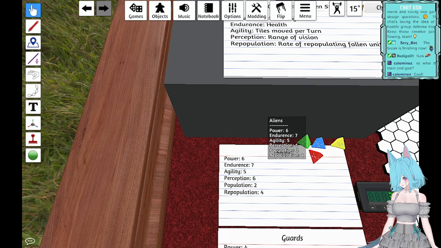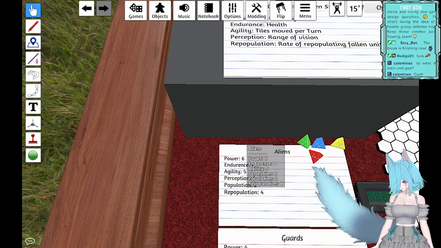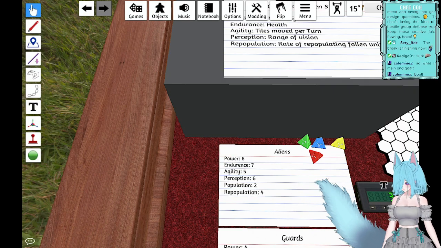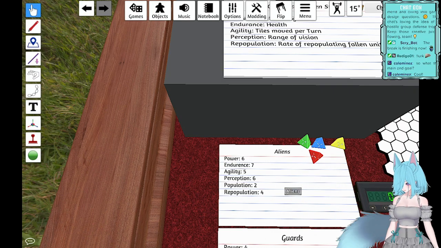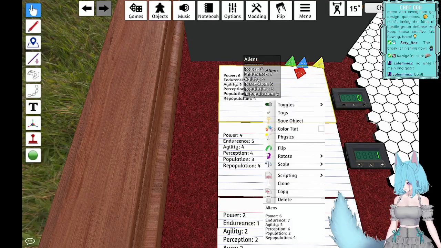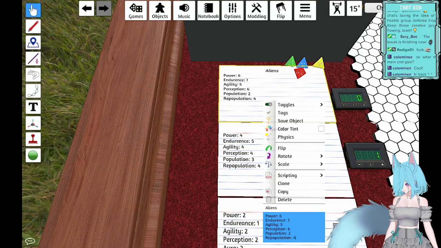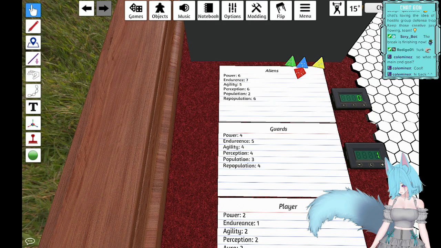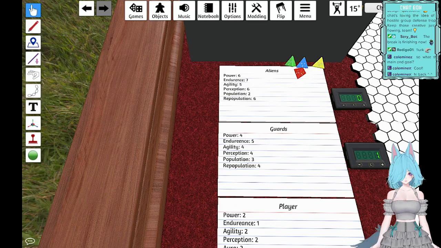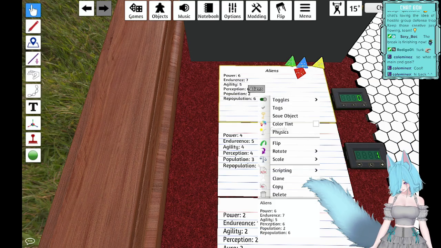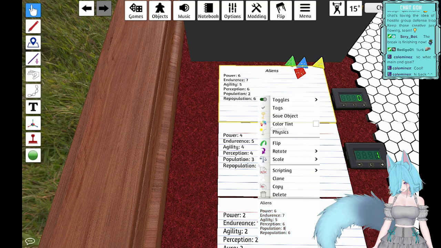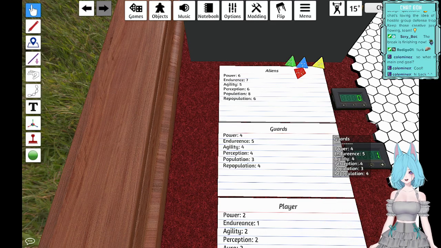So they have a repopulation of 6. That's where we were. So we have to kill 8 aliens.